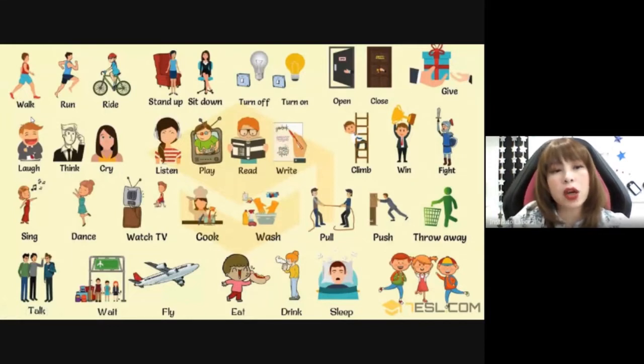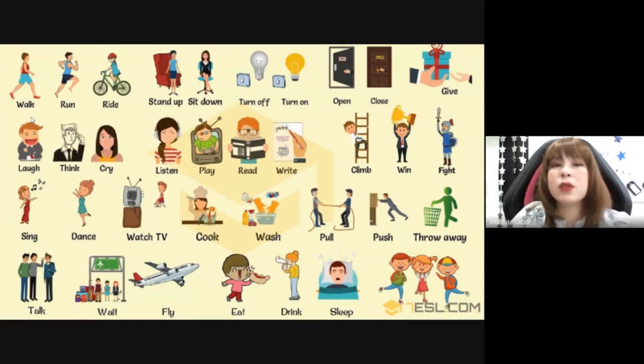Walk, run, ride, stand up, sit down, turn off, turn on, open, close, give, laugh, think, cry, listen, play, read, write, climb, win, fight, sing, dance, watch TV, cook, wash, pull, push, throw away, talk, wait, fly, eat, drink, sleep.